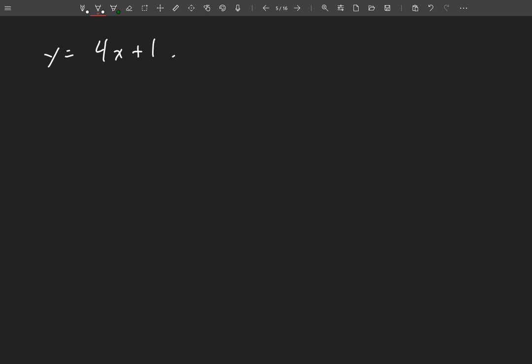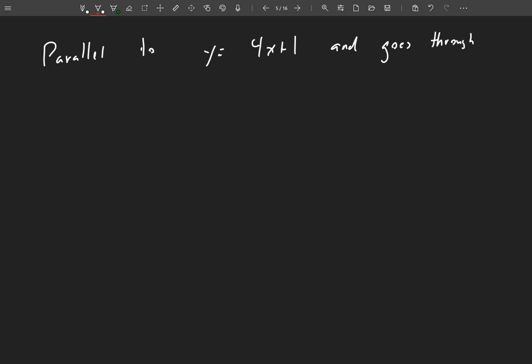So write the equation of a line that is parallel to y equals 4x plus 1, and it goes through a point, some particular point that I give you. Goes through the point (2, 3).